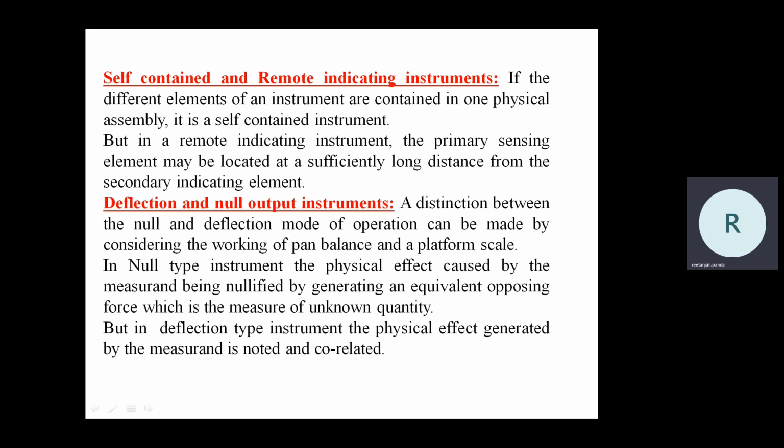The displacement transducer will be in a separate place and the indication will be in a separate place. So those are two different types of instruments, self-contained and remote indicating.